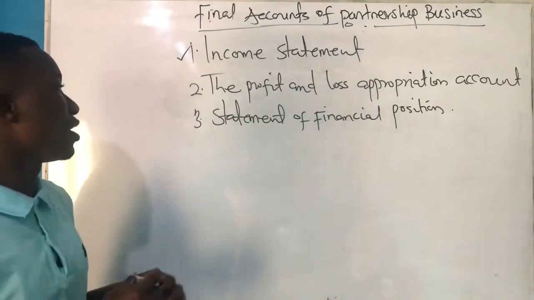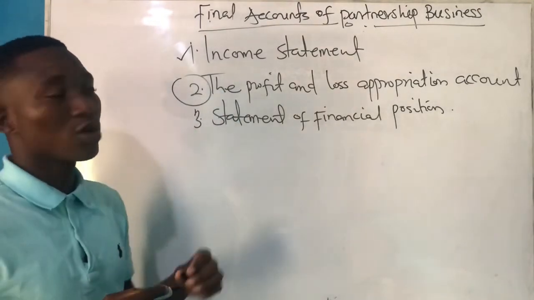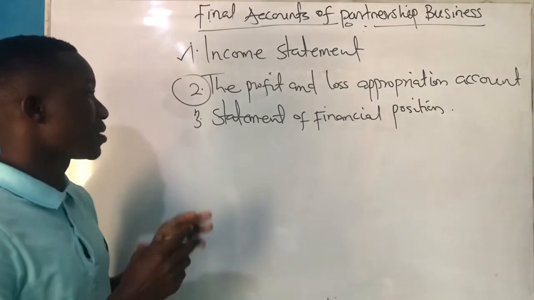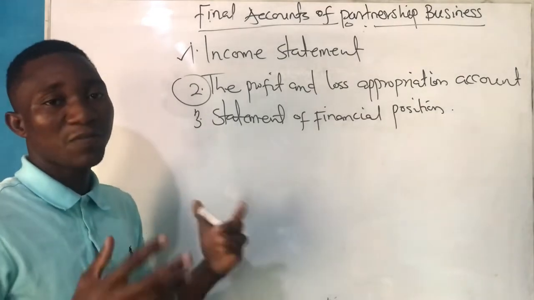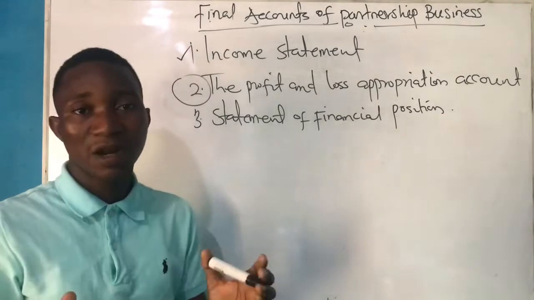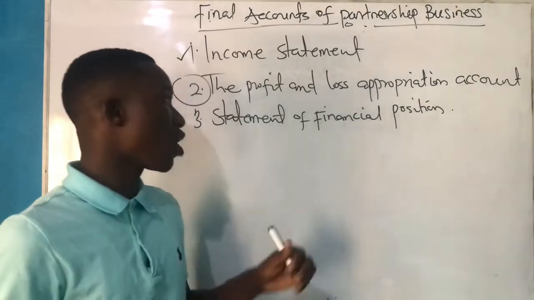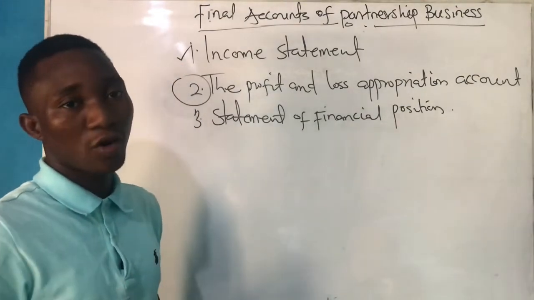We will be looking at the format of the profit and loss appropriation account. But for the statement of financial position, its preparation for the partnership business and that of a sole trader is not different. The only difference is how we present the financed by column.